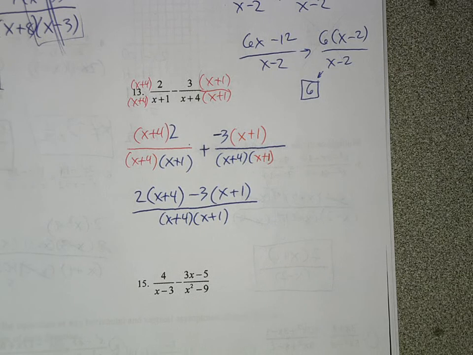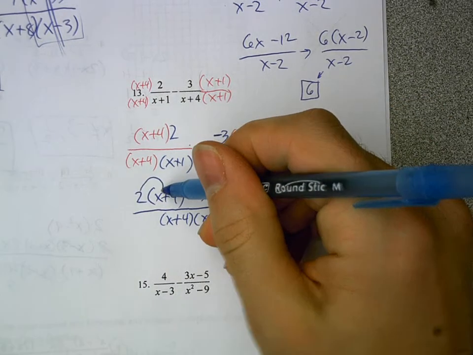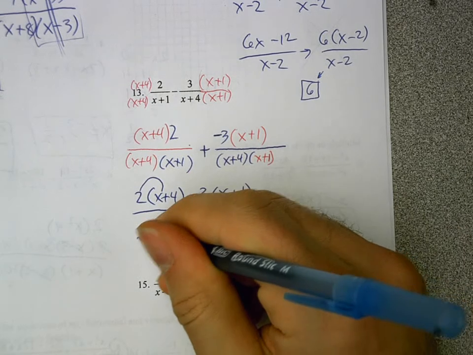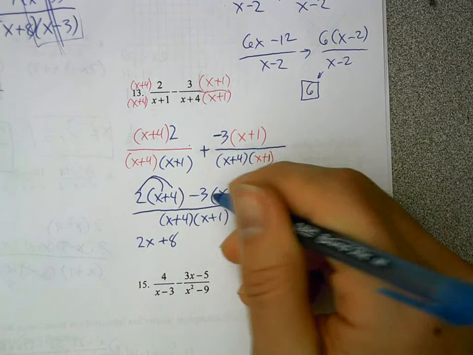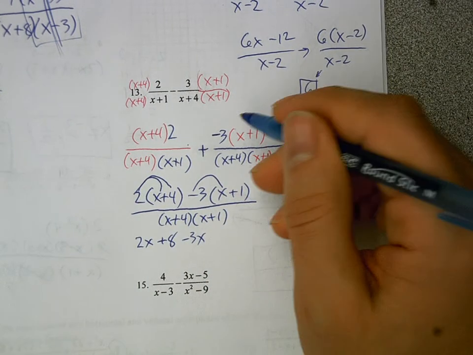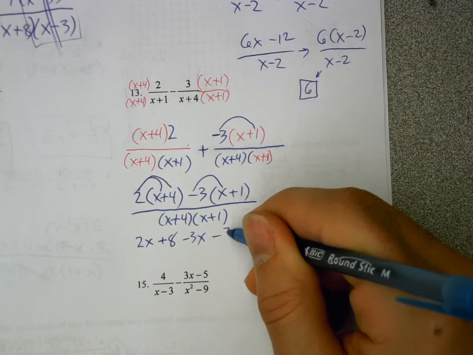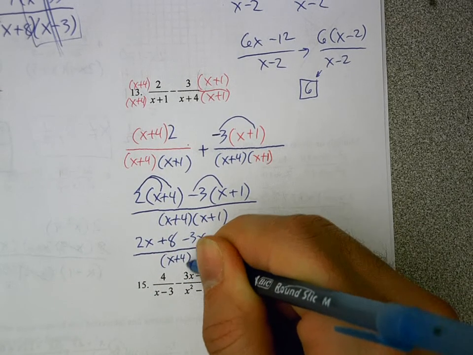So distributive property. 2 times x, 2x, 2 times 4 is 8. Negative 3 times x, negative 3x, negative 3 times 1, negative 3, all over x plus 4 times x plus 1.